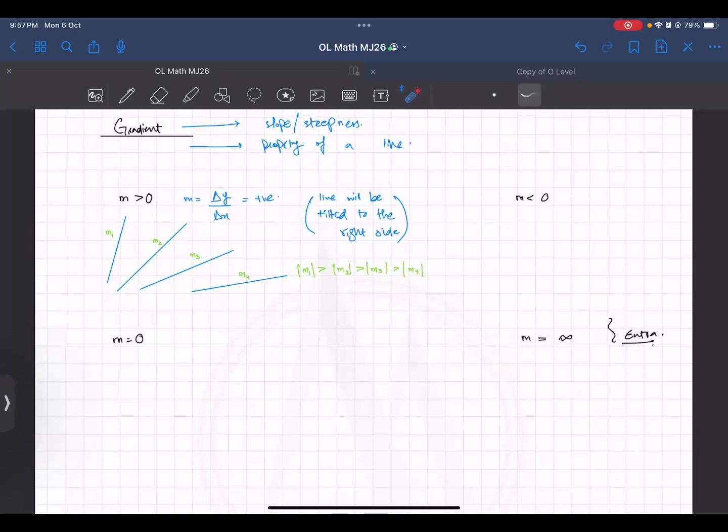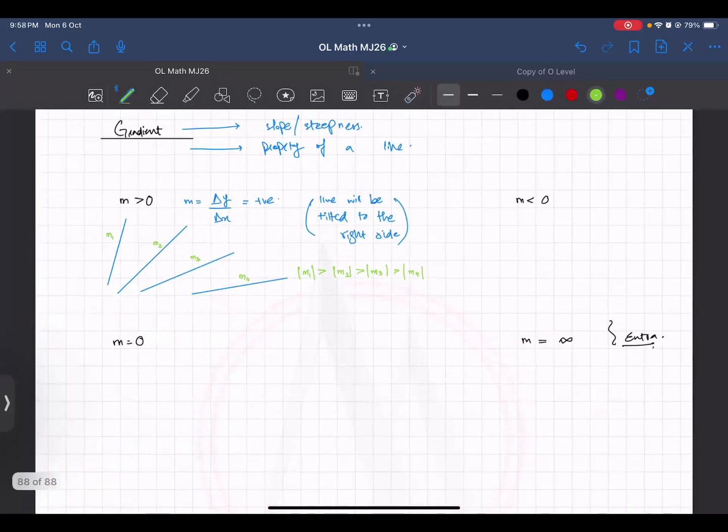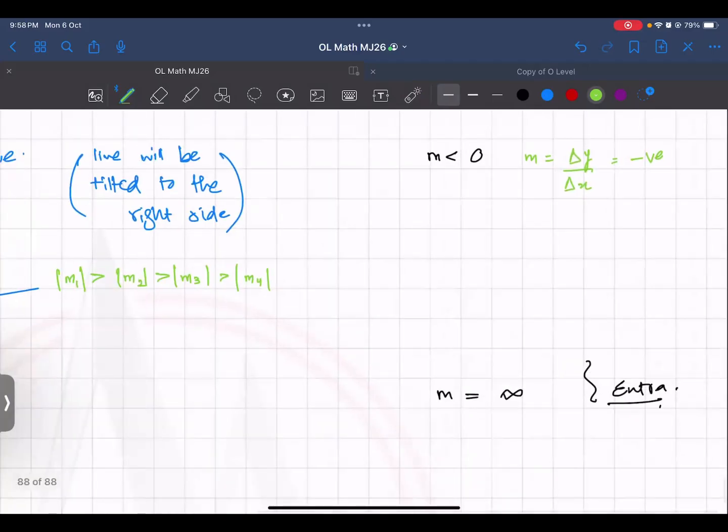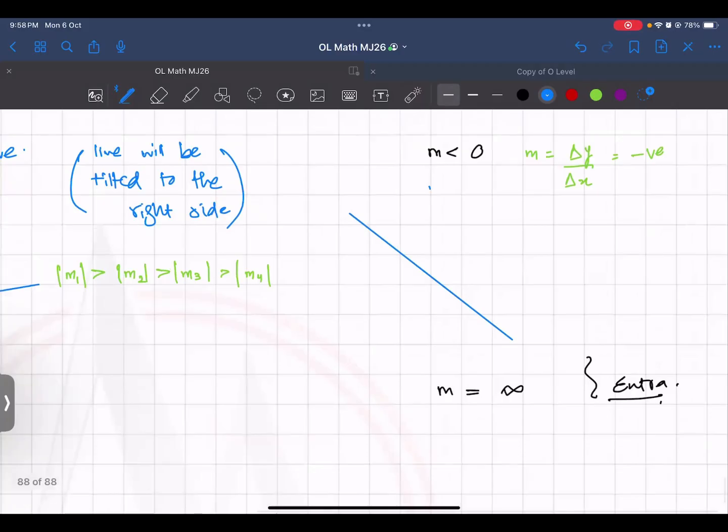Okay, then when your gradient is negative, change in y upon change in x is negative. So let's suppose if your x is changing in the positive direction, your y is decreasing. In this case, the lines that you will see would be tilted to the left side, like this.